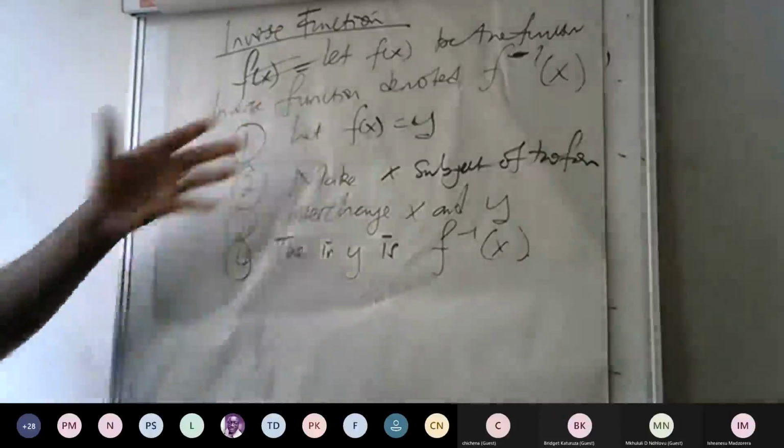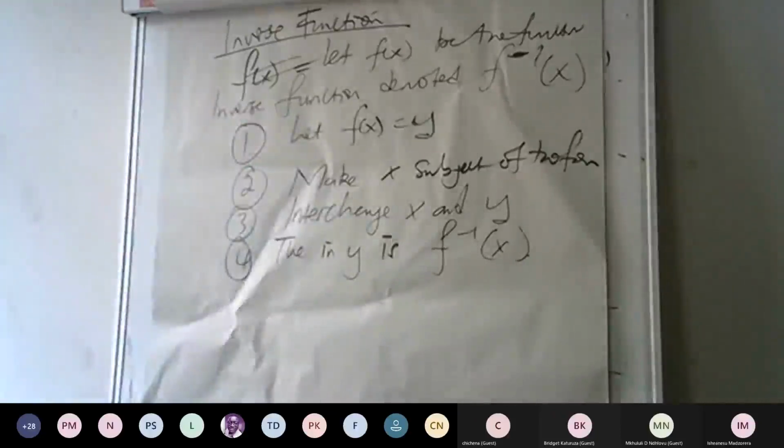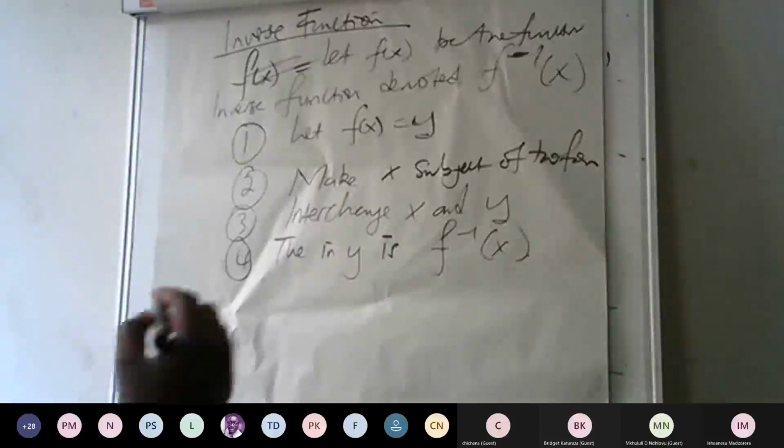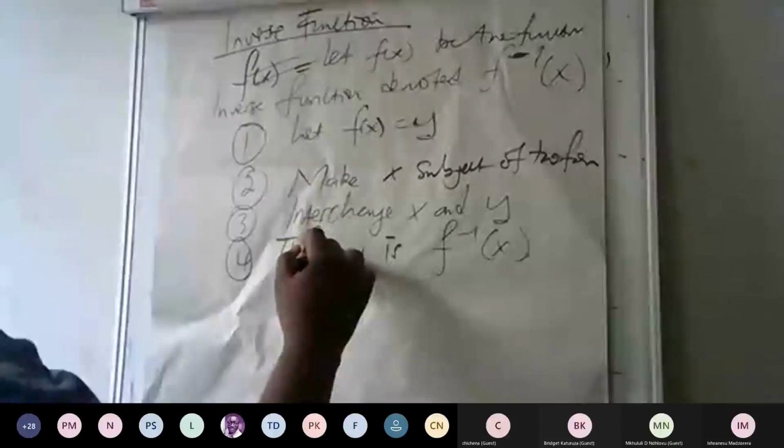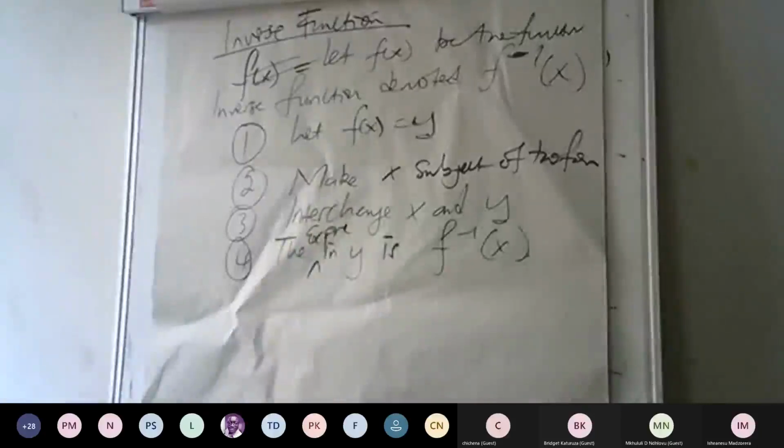The first thing is you let f of x be equal to y, whatever you are given in that question. The second thing is you make x the subject of the formula. Then from there you interchange x and y. Then the expression in y is actually the inverse function that you're looking for, right?